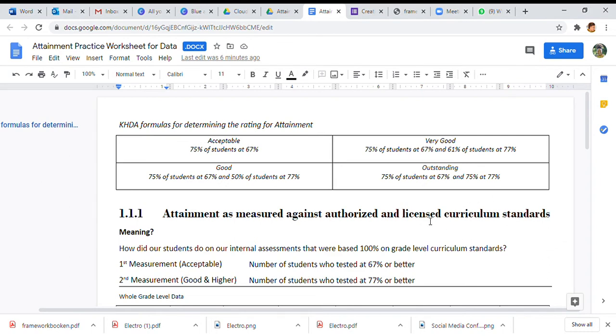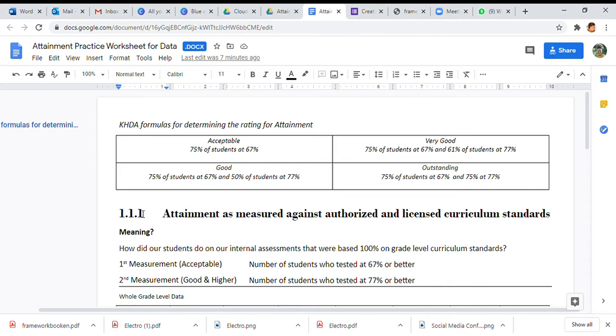When it's aligned directly to curriculum standards, that makes that what you're using for 1.1, it means it's valid. And inspectors will come in and check the test to ensure that those assessments are aligned to curriculum standards, are at the appropriate verb level of that curriculum, and actually valid and fair.